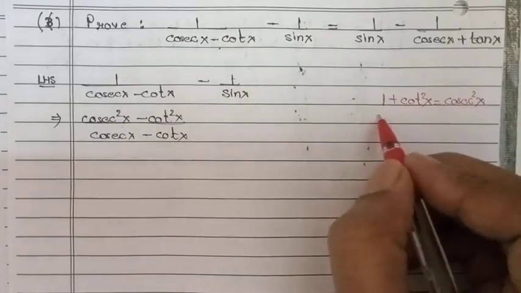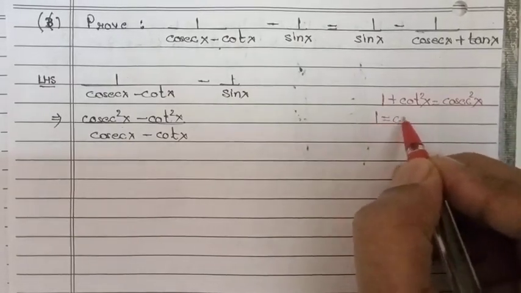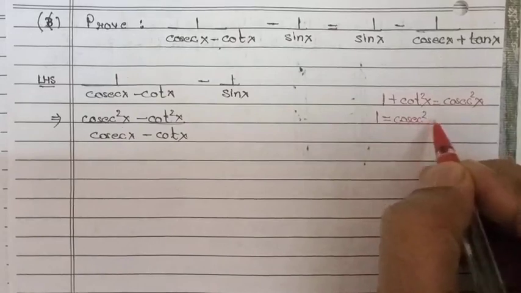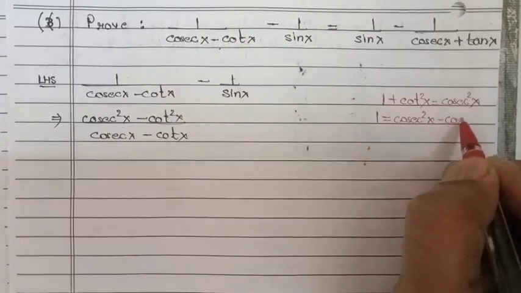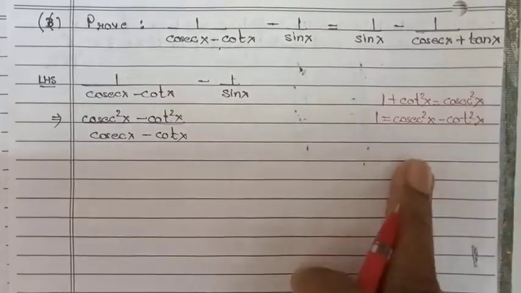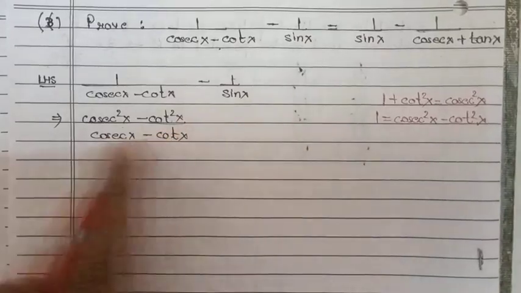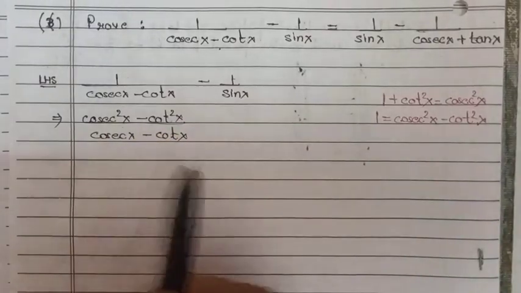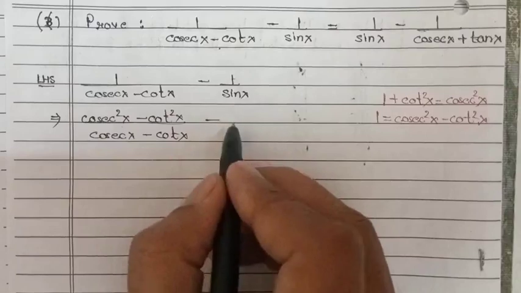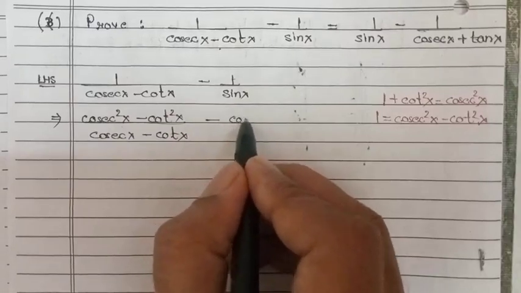So here 1 can be replaced with cosec square minus cot square. So we have used this identity over here, and this 1 upon sine can be written as cosec.